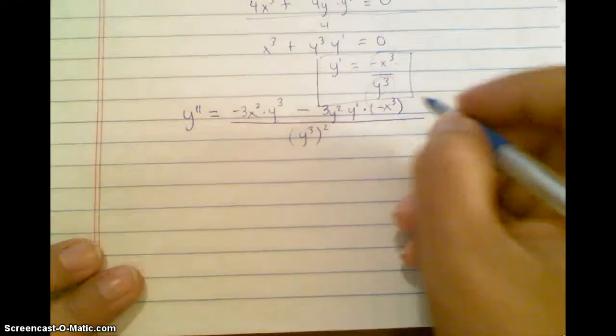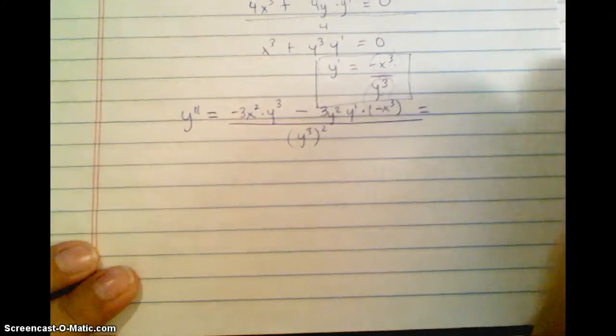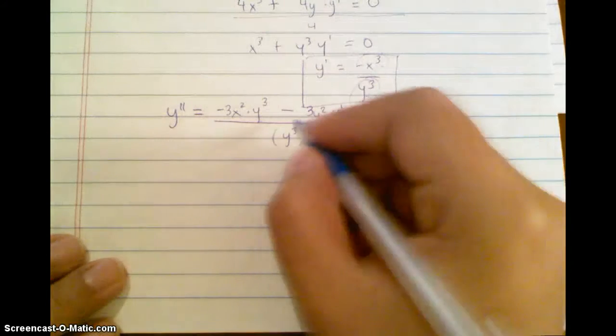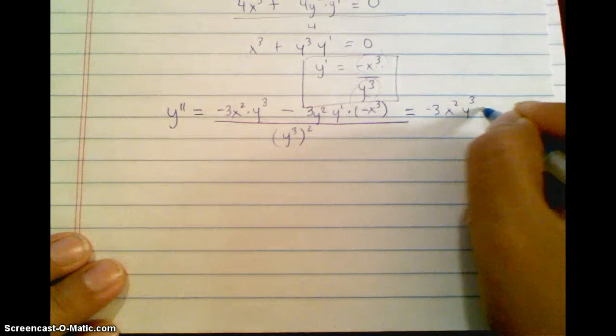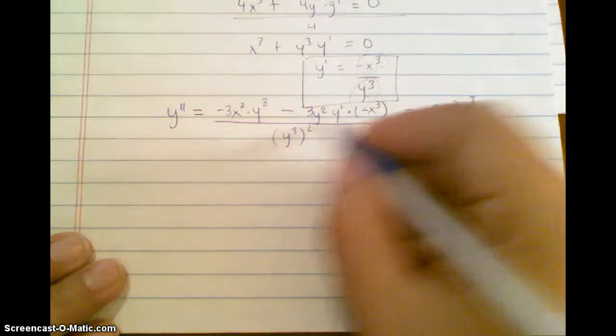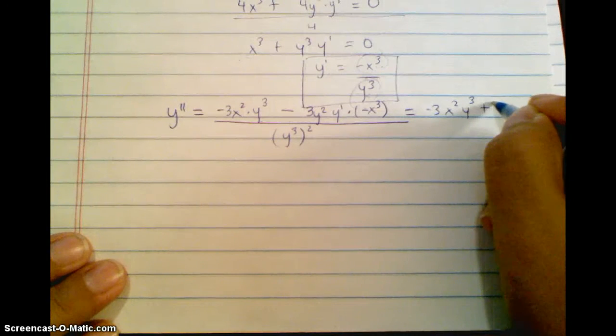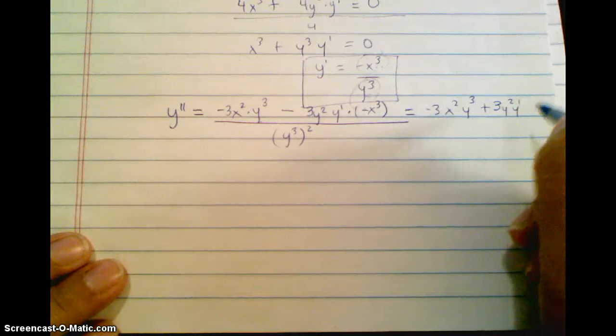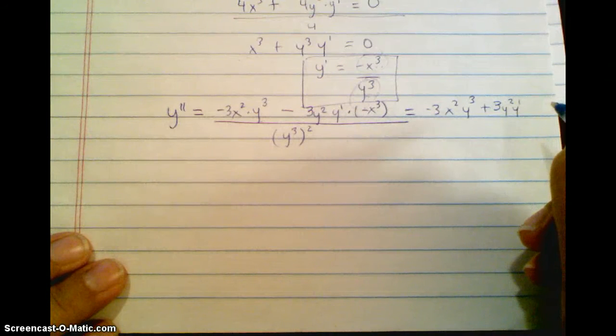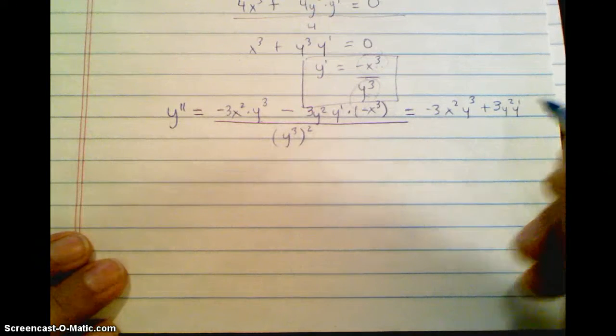And now I'm just going to simplify. This becomes negative 3x squared y cubed plus 3y squared y prime. Where is it? I made a mistake somewhere.